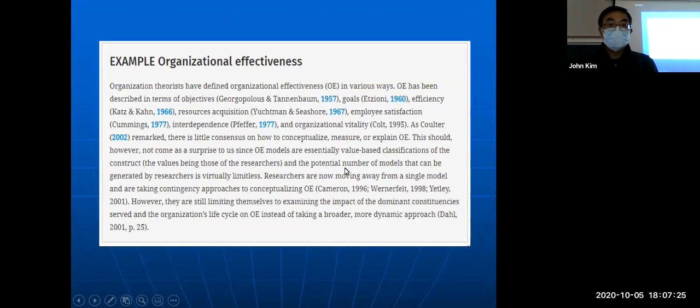The example: this is about organizational effectiveness in various ways. So OE, organizational effectiveness, has been described in terms of objectives.